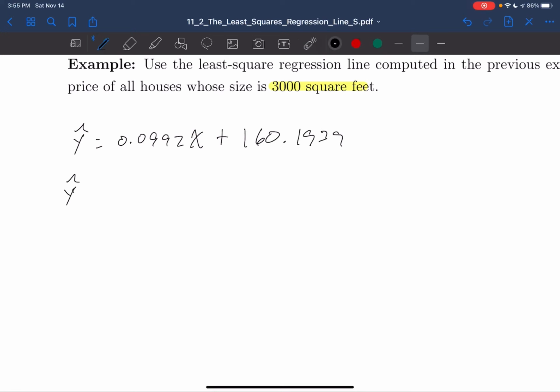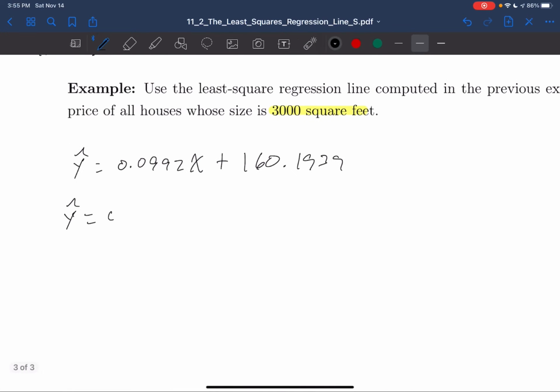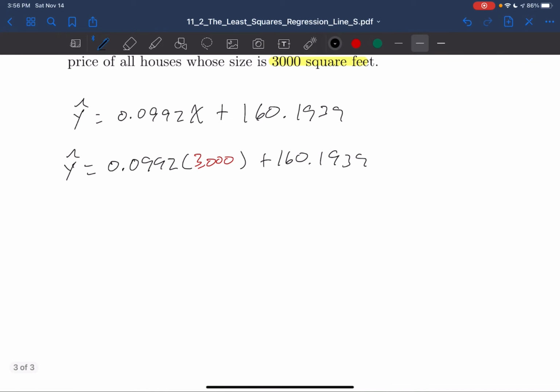So this will be y hat is equal to 0.0992 times 3,000 plus 160.1939. And if you put this in your calculator, this should be equal to 457.8 if we round to one decimal place.